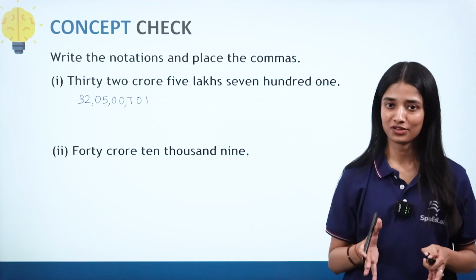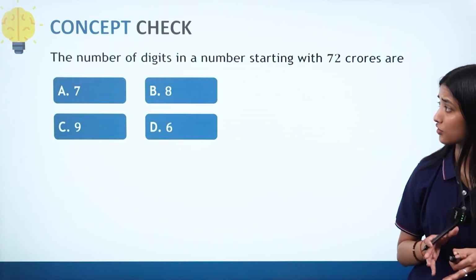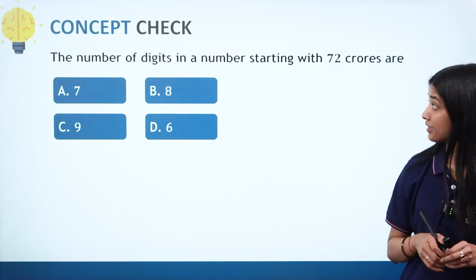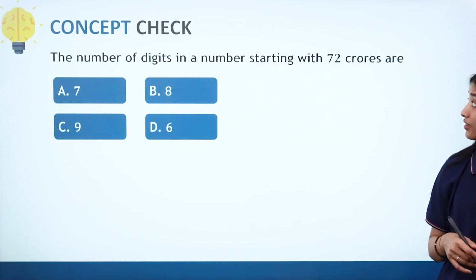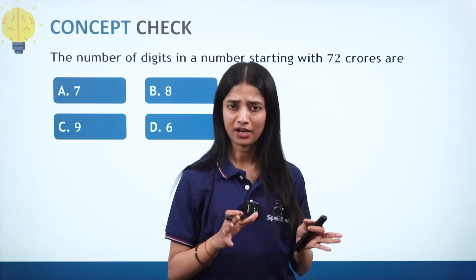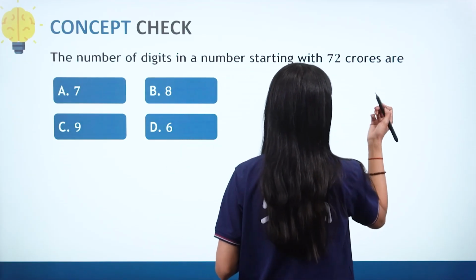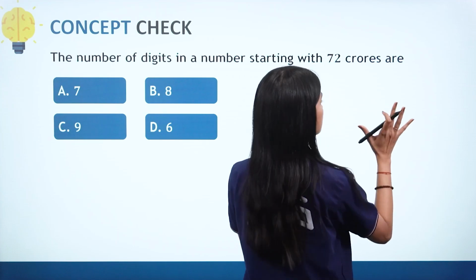Write the answer for this question, try to solve it. The next question is this one. The number of digits in a number starting with 72 crores is. If you try to write any number starting with 72 crores, how will we write it? Suppose the number is 72 crores only.